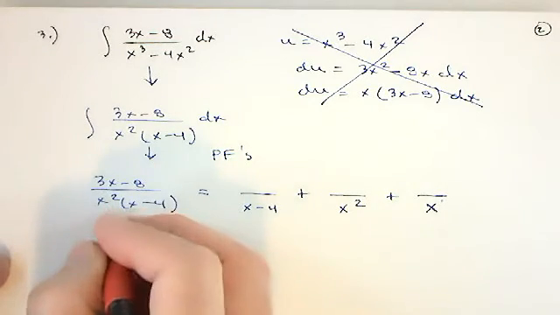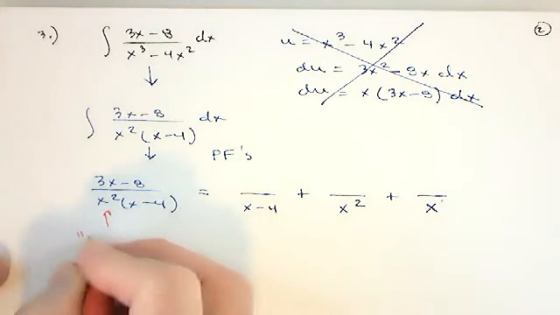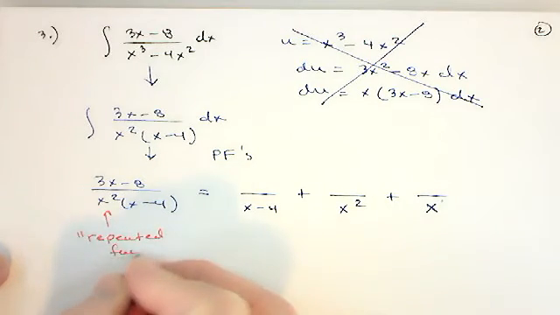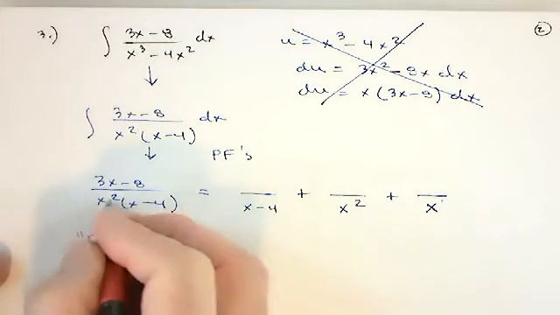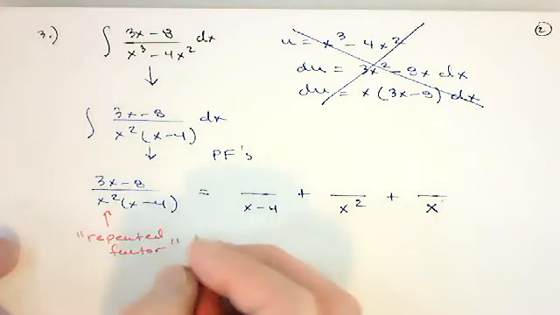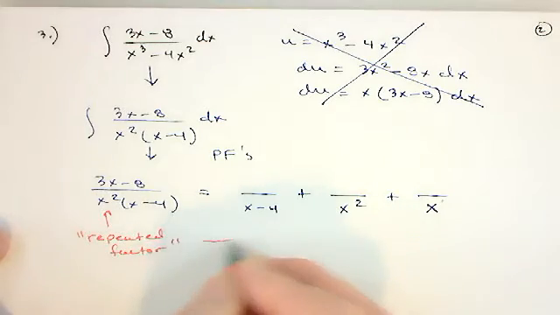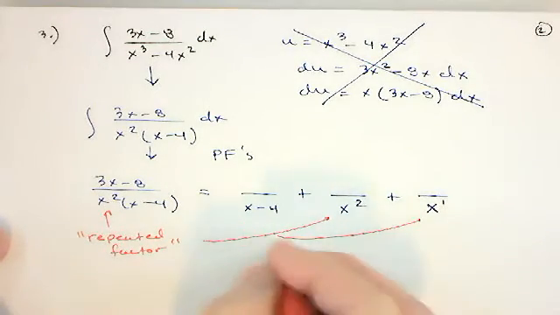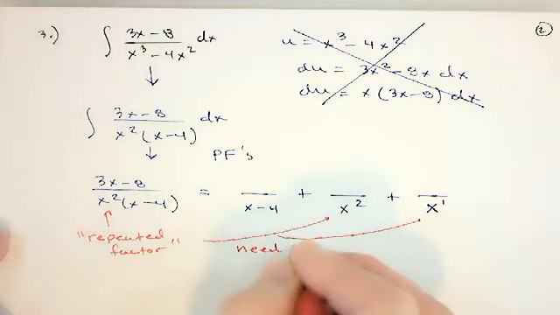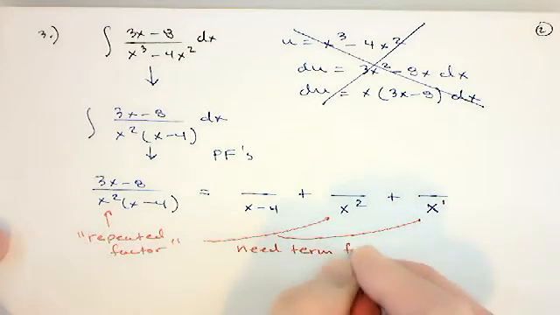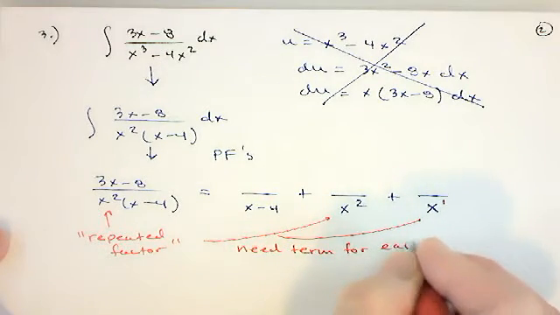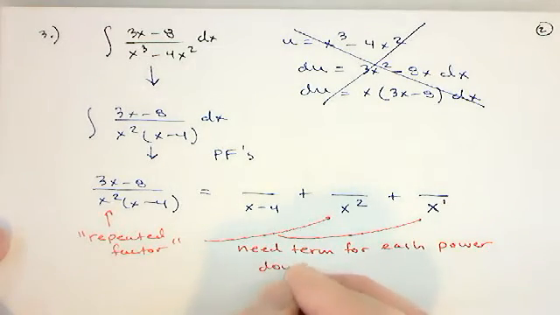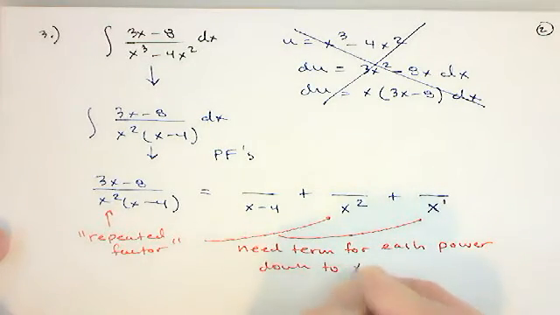So this x squared is referred to as a repeated factor because it's x and then another x, right? x squared. And so what it boils down to is you need a term for each power down to x to the first.